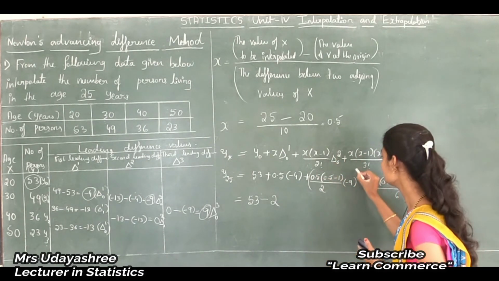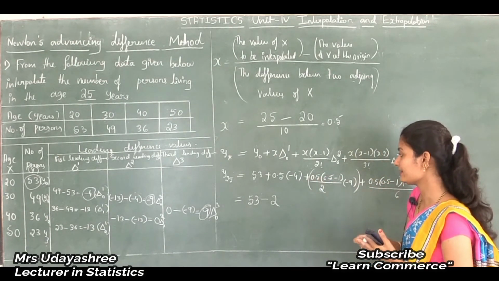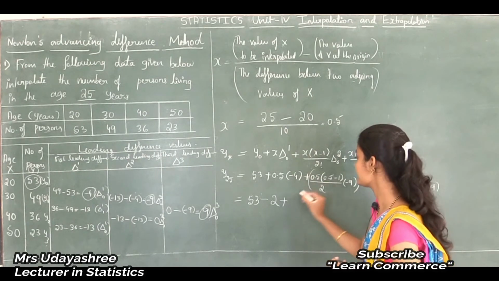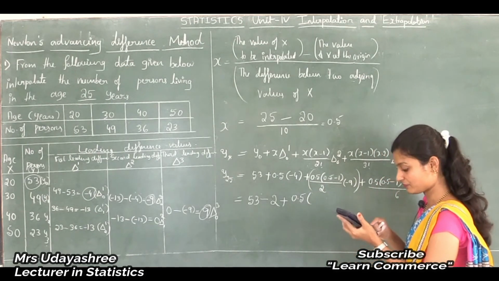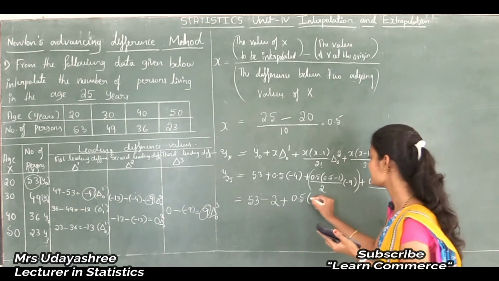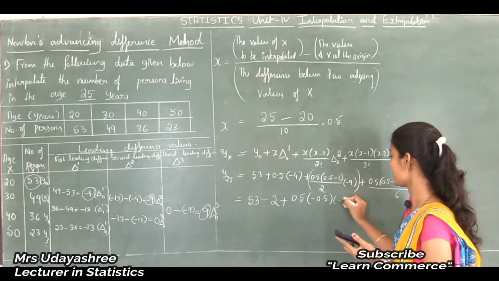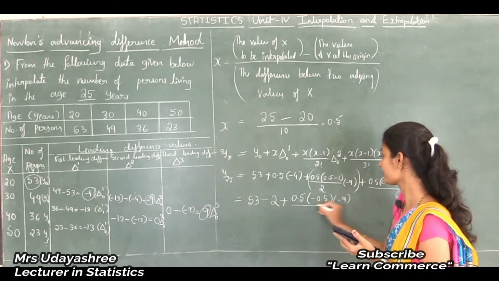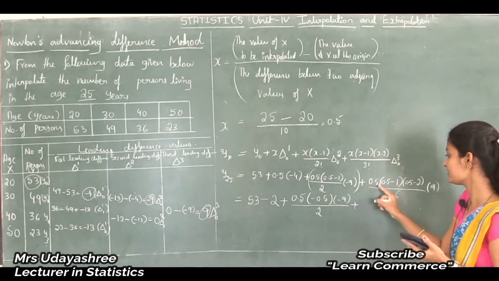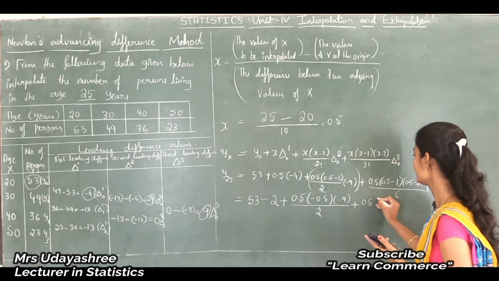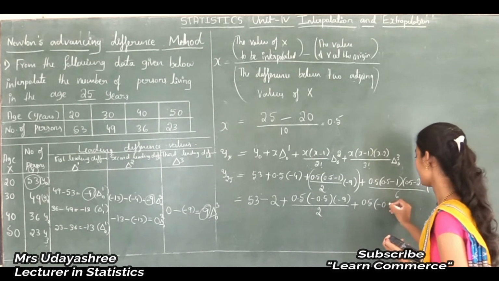I will write 0.5 as it is, into 0.5 minus 1, that is minus 0.5, into minus 9, divided by 2, plus 0.5 into 0.5 minus 1 is minus 0.5.